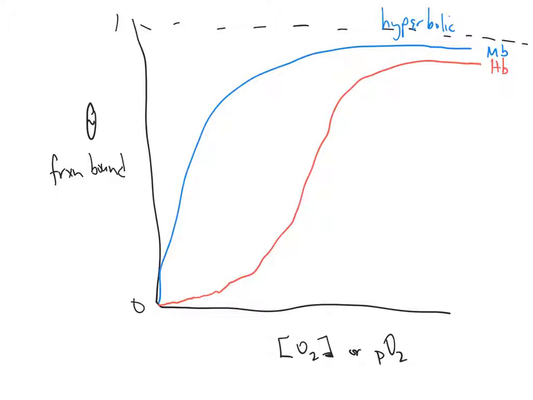If it was a letter of the alphabet, what letter would it be? S. And this is called a sigmoidal plot. A sigmoidal relationship. Some people even will talk about the sigmoidicity of something. Sigmoid comes from the Greek letter sigma for S.